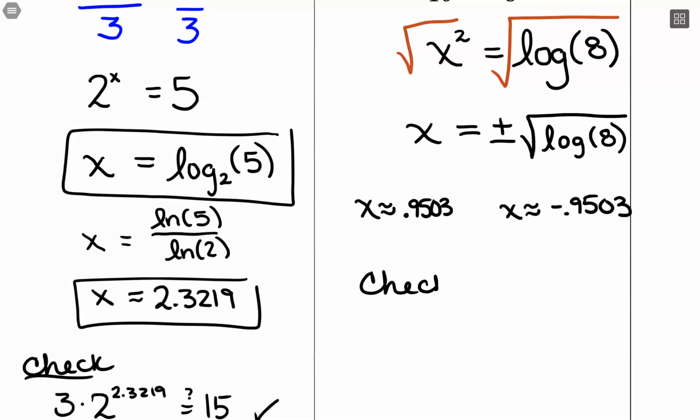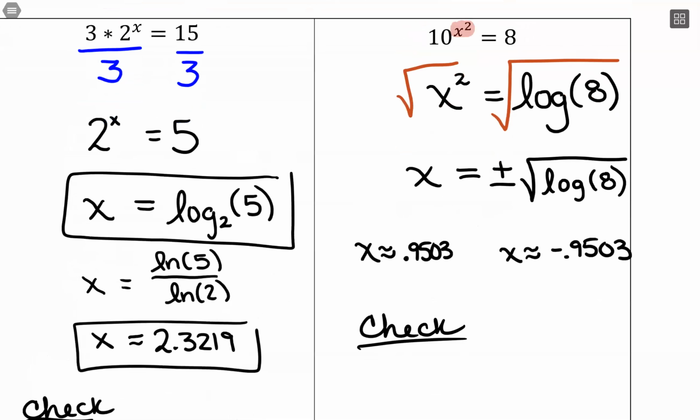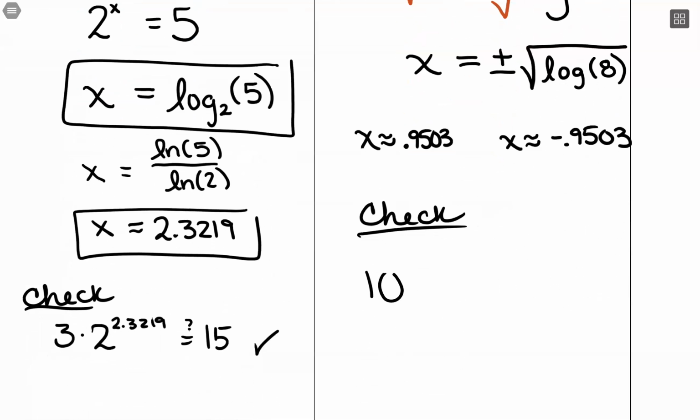So we need to check our answer. So we're taking 10 to the 0.9503 squared and seeing if that equals 8. And then we're doing the same thing, but with negative 0.9503 squared, which, as long as we're using our parentheses correctly, is going to turn out to the same number, because when you square it, it'll make it positive.